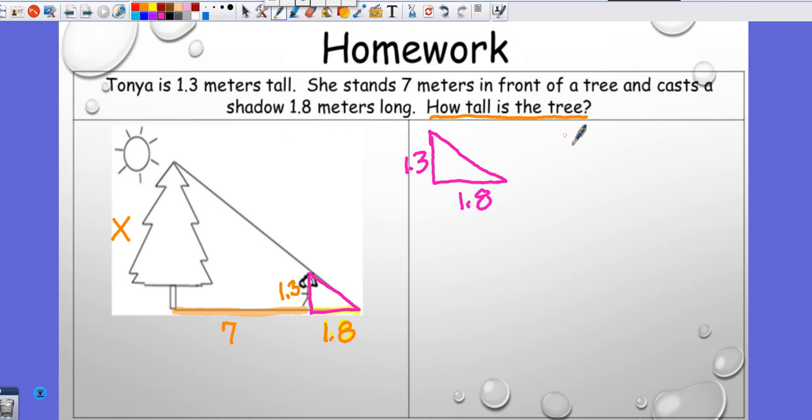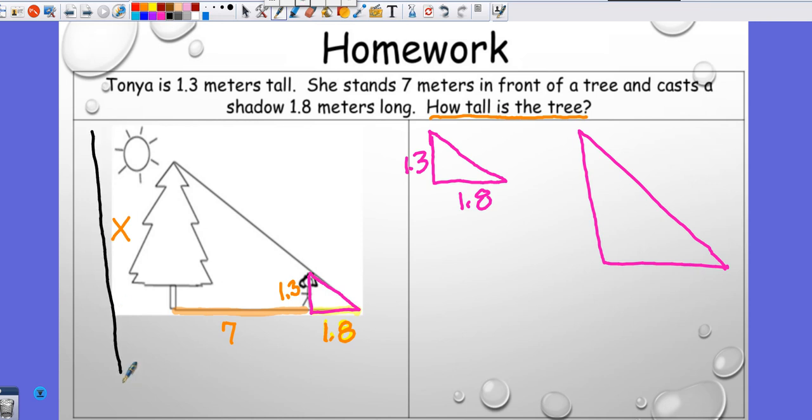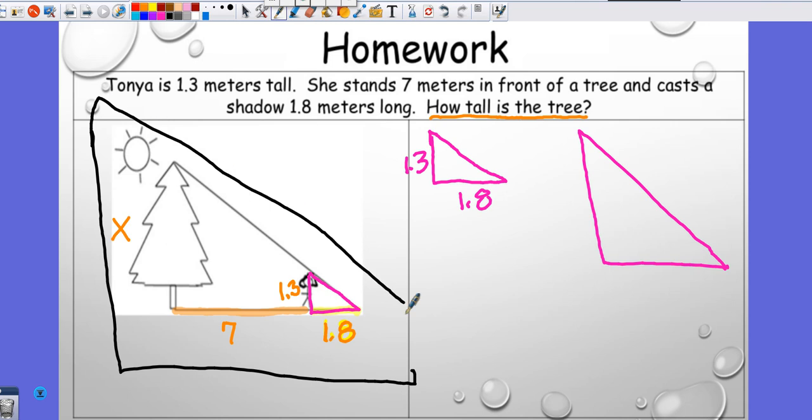And then I'm going to draw that big triangle, and I'm going to put it in black so you can see. This is the big triangle. The whole thing, babies. So I'm going to stick X for the tree. The big side is those two added together, so 8.8.